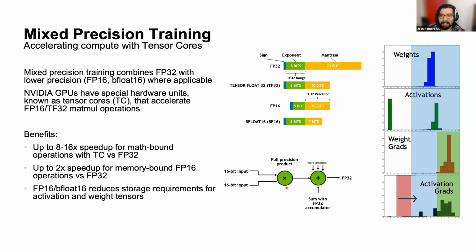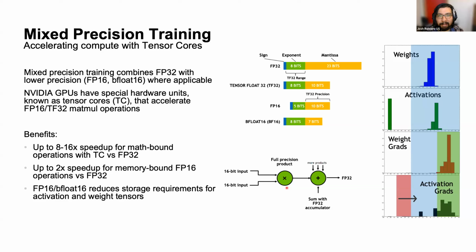FP16 or BFloat16 is not even cool anymore. People with LLMs are talking about FP4 and even lower precision formats. But generally speaking, what mixed precision training is, is that deep learning models tend to not need a full single precision range and precision to complete training.